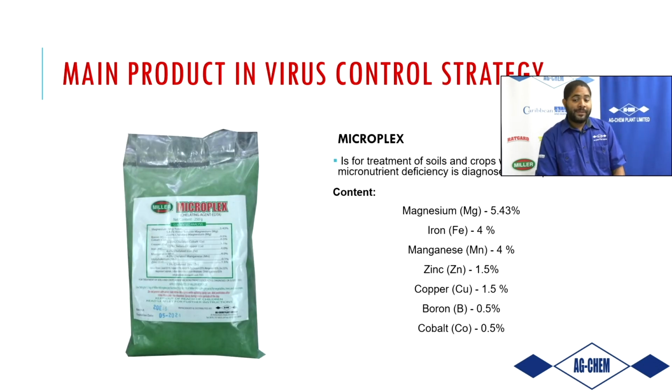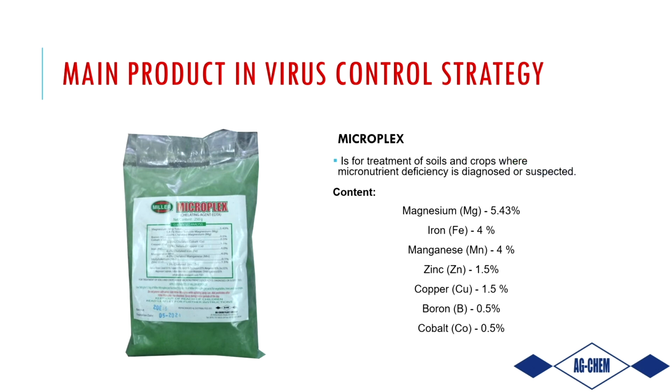But as I've been mentioning, one of our major products in the virus control strategy, I'm just going to give you a little more in-depth knowledge on it, is Microplex. It's pretty much for all farmers.